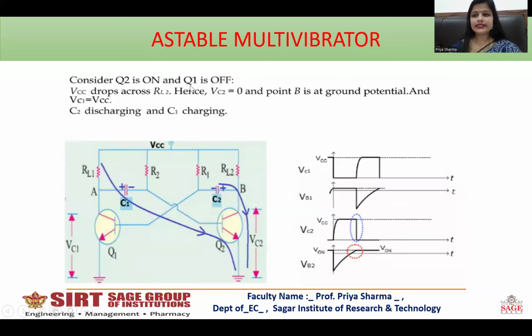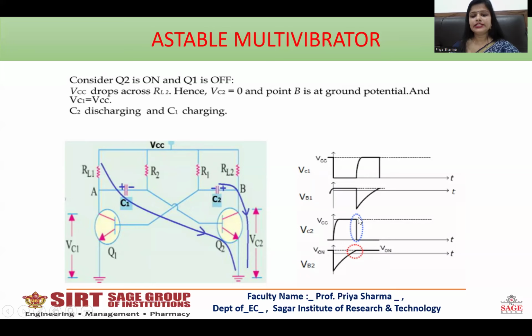Similarly, considering the second case when Q2 is on and Q1 is off, the point will be at the ground terminal, and the whole of VCC will appear across VC1. Therefore, C2 will discharge and C1 will start charging. So this is the same thing.